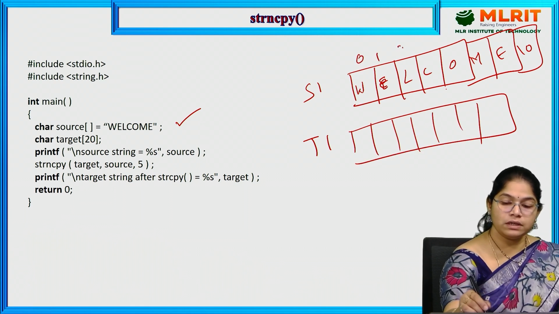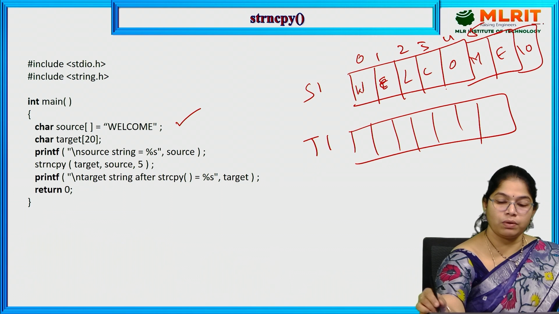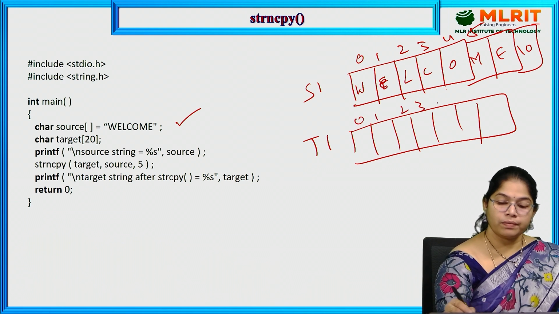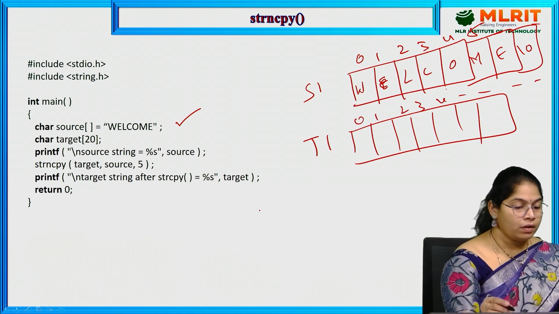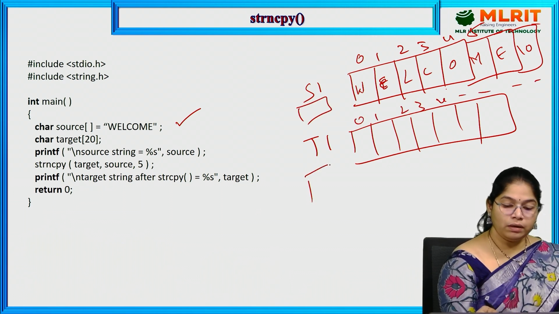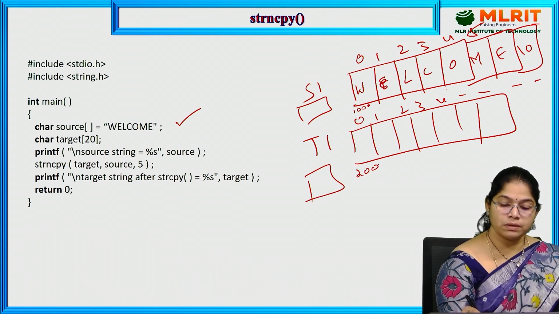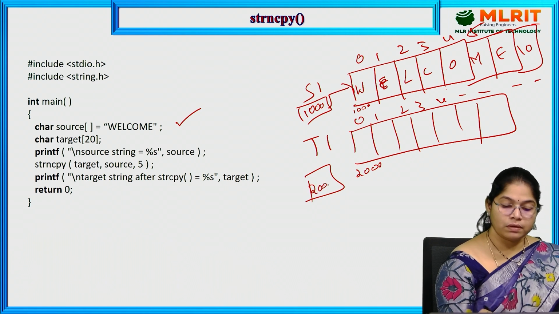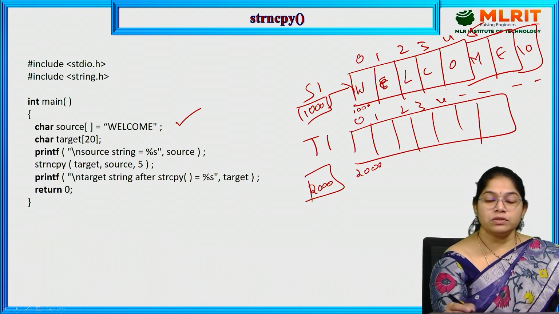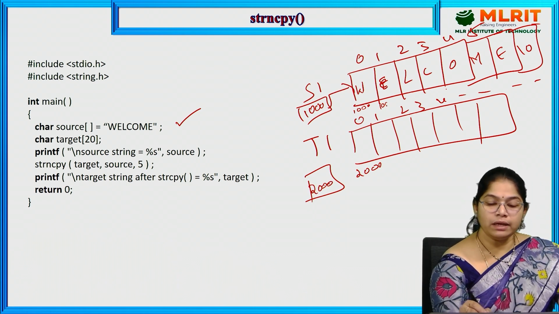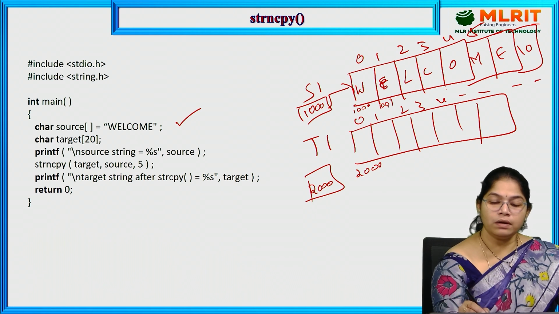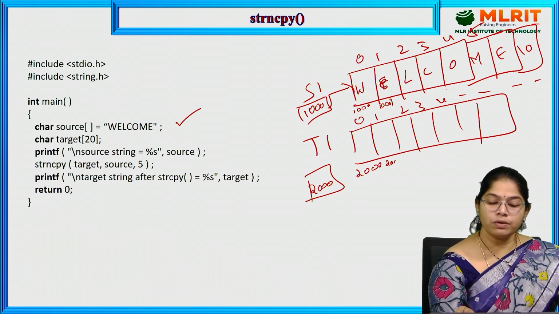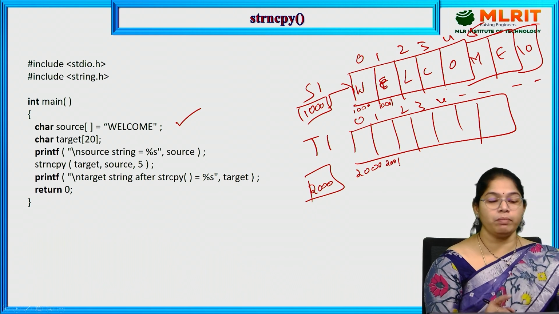Always the index starts with 0, and so on. So it holds the base address. Suppose it is 1000 and it is 2000. So 1000 is pointing here, 2000. The next byte address will be 1001. Here also we have 2001 because a character occupies 1 byte of memory.